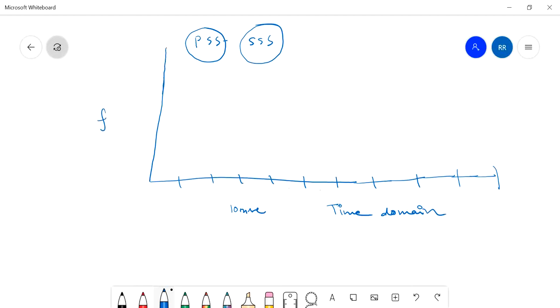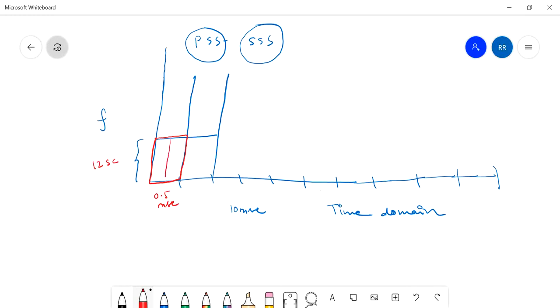So this is the resource grid, and if we say 12 subcarriers, this red one consists of 1 RB, right? 1 RB means 12 subcarriers on the frequency domain and 0.5 millisecond on the time domain, right?